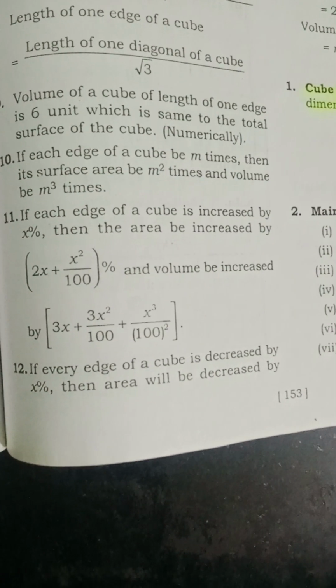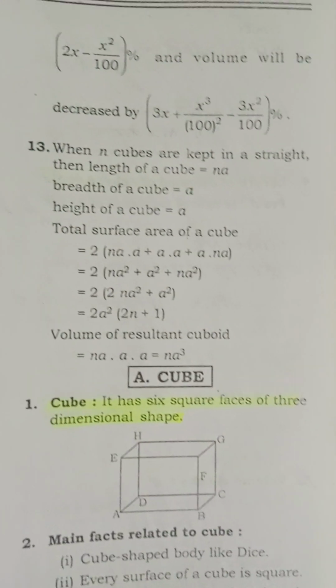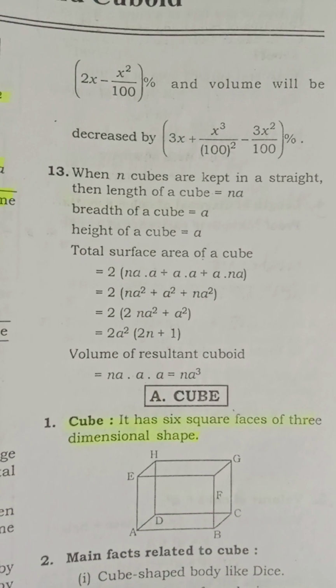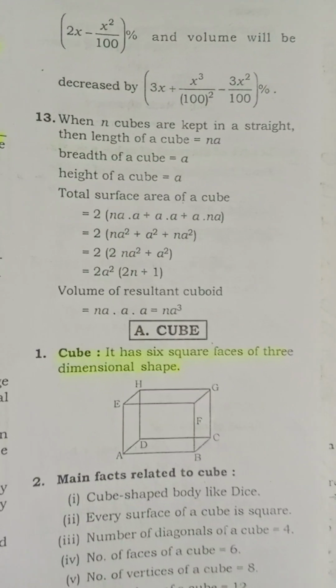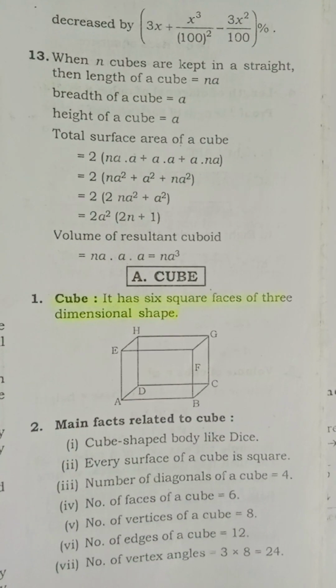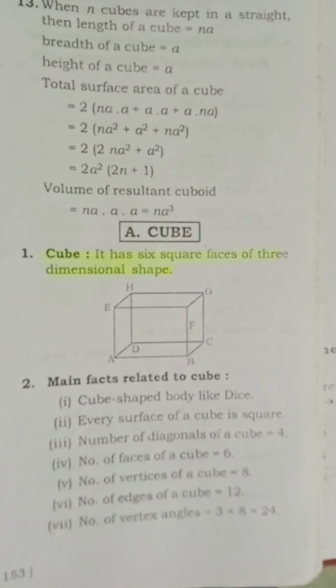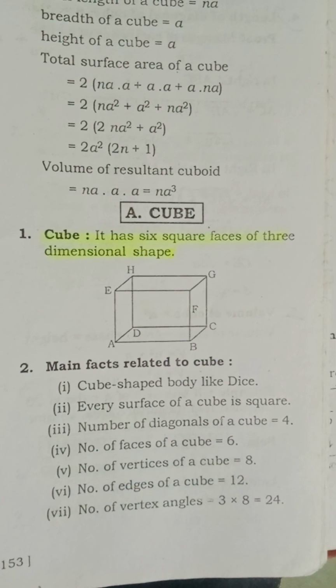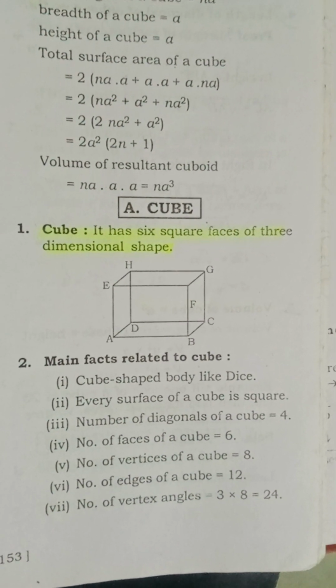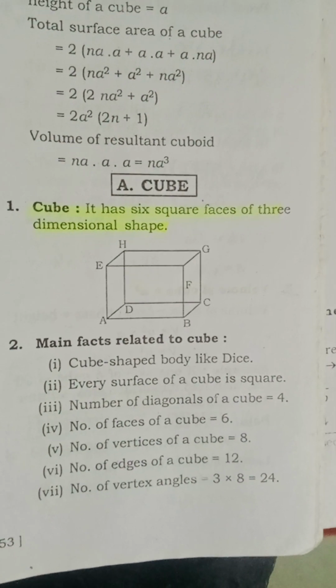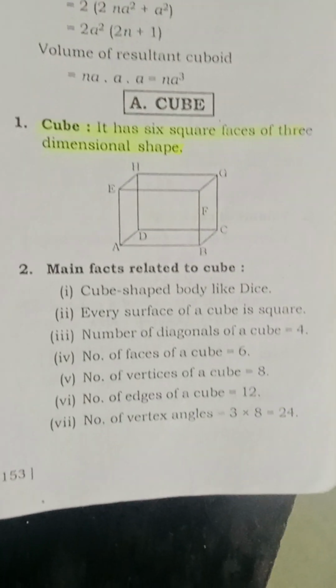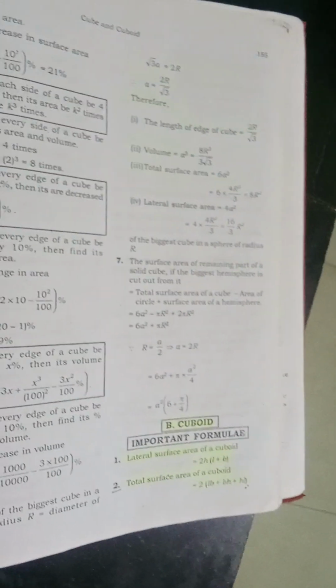Next formula. This chapter is cube and cuboid, and next is cube. It has 6 square faces and is a 3-dimensional shape.